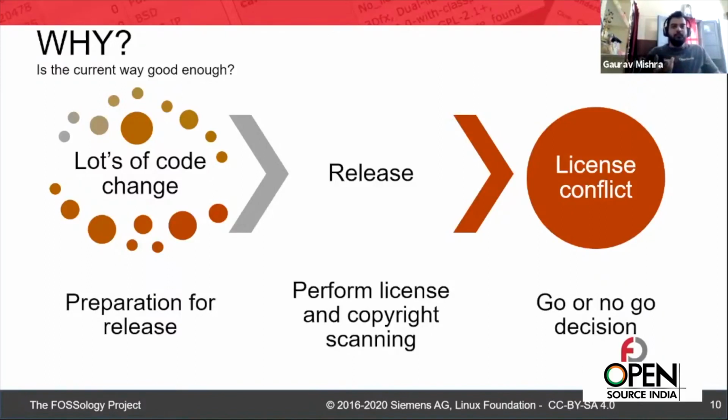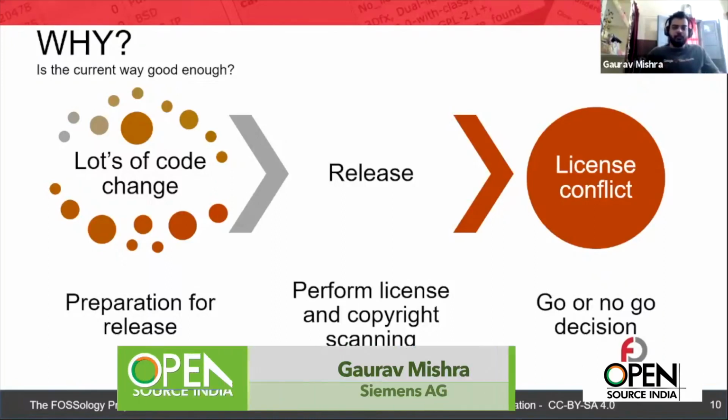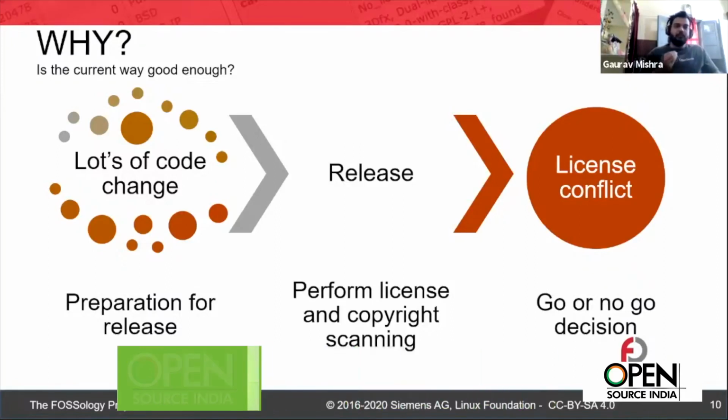So when you perform a release, before doing an actual release, you put it through an audit process where all the scanning happens again on your project. And let's say there is a license conflict and they raise a red flag, you cannot go with this release.